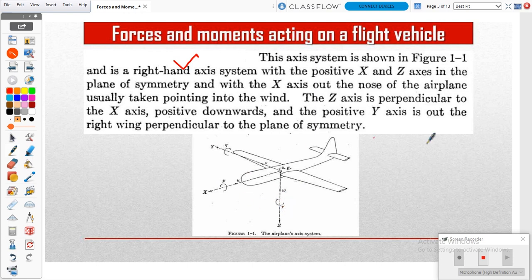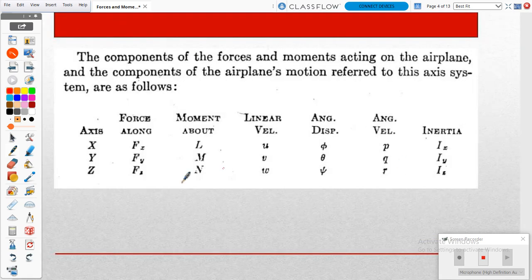These are the assumptions we applied for this aircraft. Next we are going to list out what forces and moments act on an aircraft from the diagram. You need to copy this table.